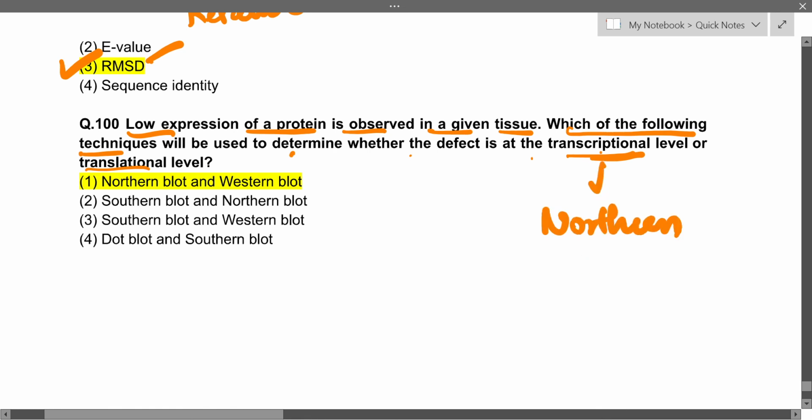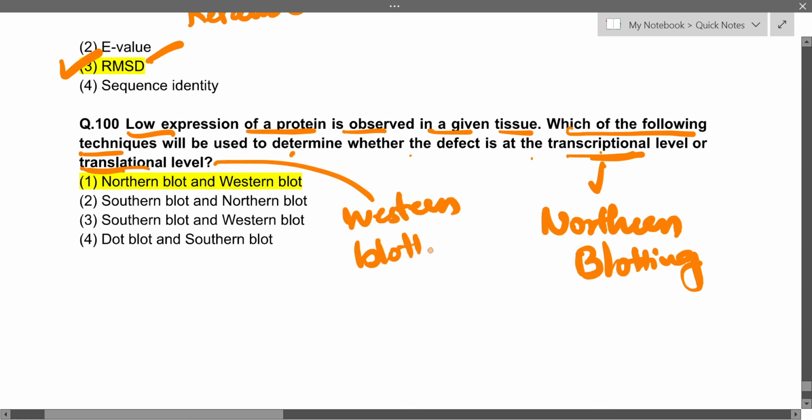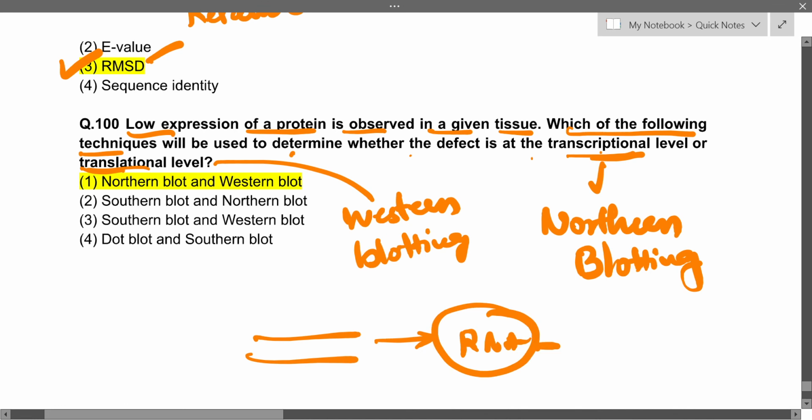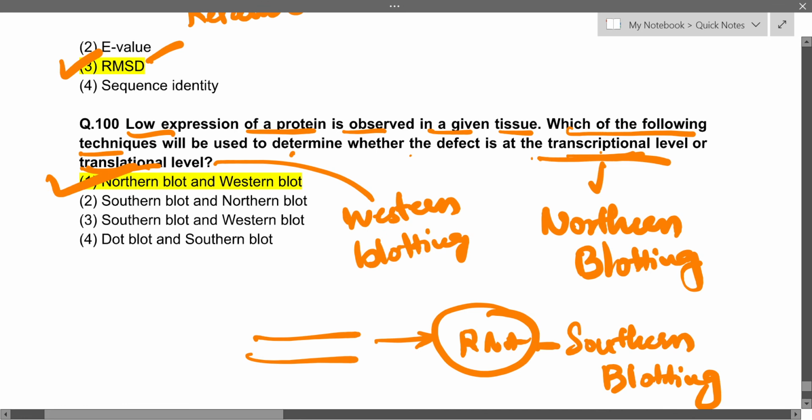To study at the translational level, we use western blotting. And if we want to study DNA, then we use southern blotting. Here they are asking about transcriptional and translational, so northern blot and western blot is the correct option here.